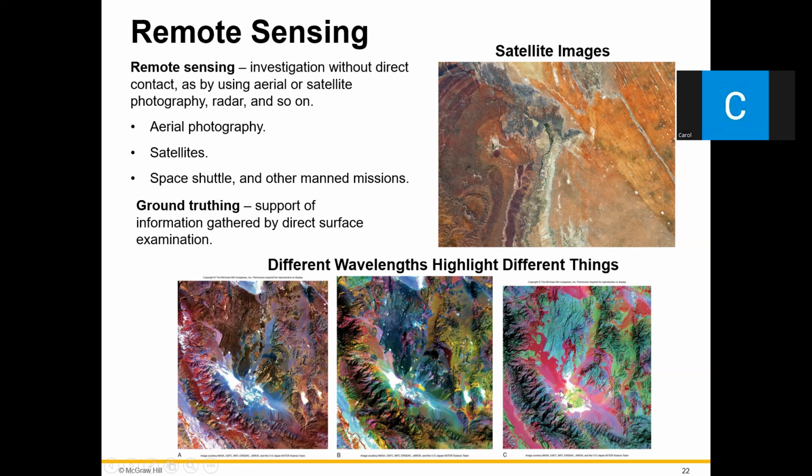So this is highlighting. In some of these, it's highlighting vegetation as red. Other things, it's highlighting limestone in green. So the thing on the surface emits different levels of electromagnetic radiation, and our sensors can pick these things up, and then we can filter the sensor to say, okay, just show me the infrared and not the visible light, and we can see the differences, and we can get an idea of what's down there.